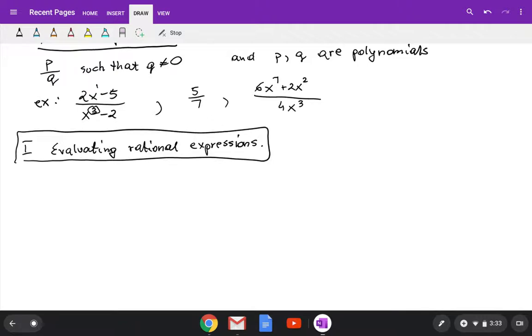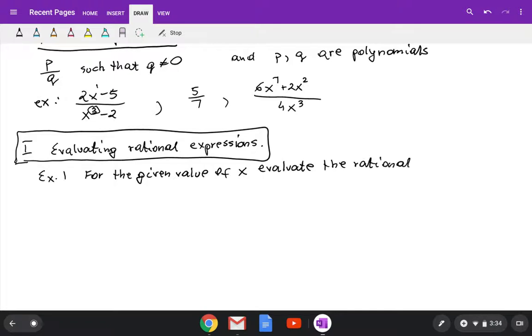Evaluating means replacing x with a given number, and that's what we're going to do here. So let me give you example 1. For the given value of x, evaluate the rational expression.